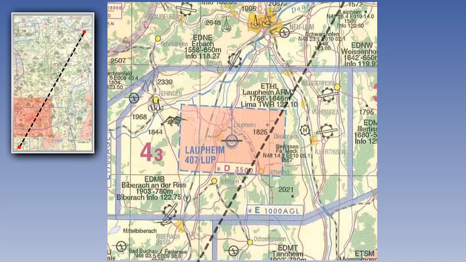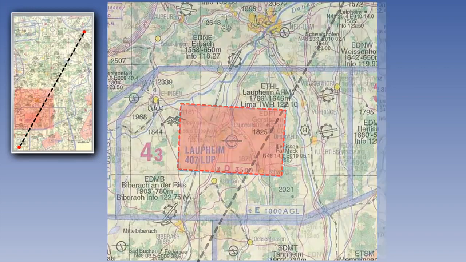Before deciding which altitude or level to fly, it is necessary to find what restrictions or hazards lie along the route. The first restriction is the airspace around Lorpheim. This is Class D airspace up to 3,500 feet and will require prior permission before entering it.